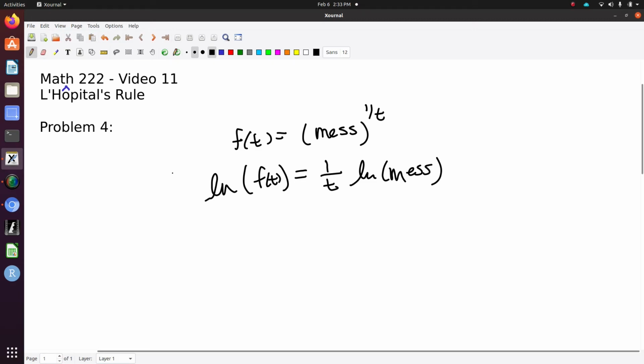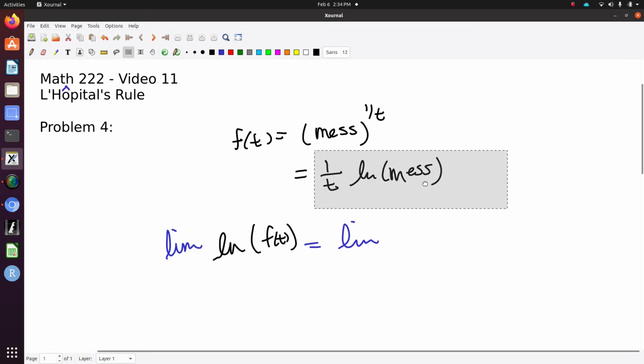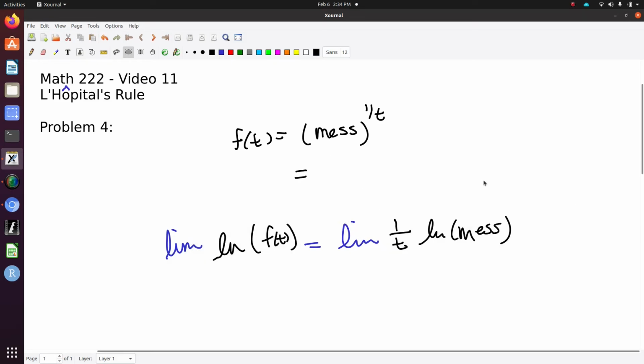Then I'm going to take the limit of both sides, as t goes to wherever you need to go. So this lovely garbage goes over here. But when you're done, you're going to have to untransform it.